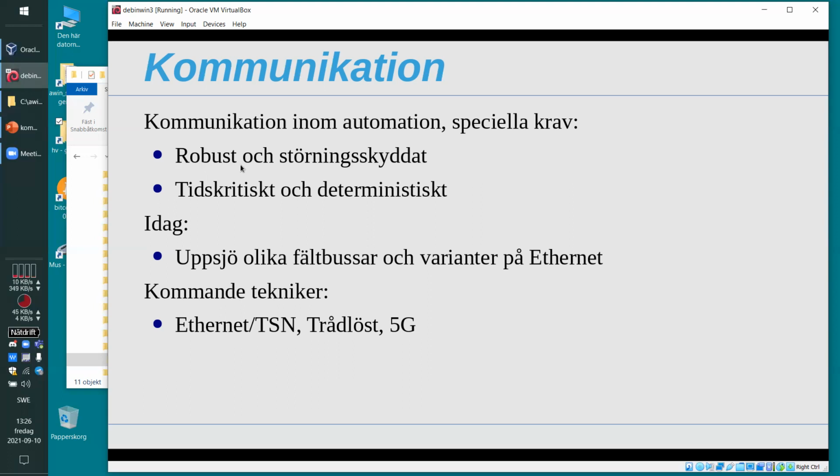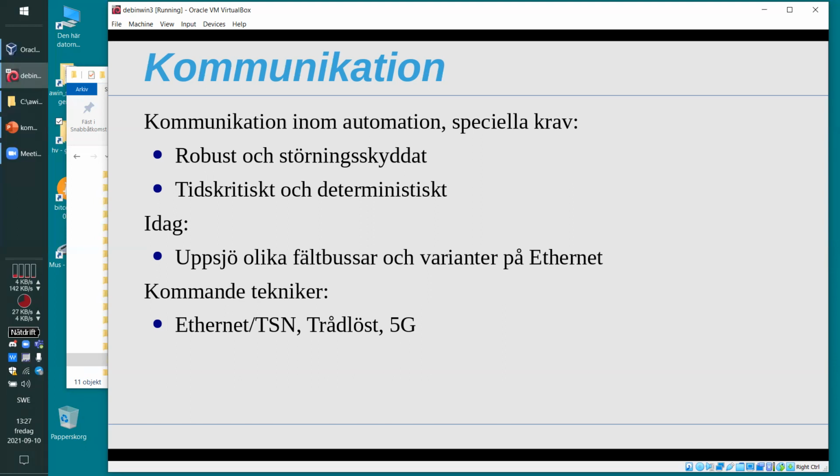But then on a more logical level, you also very often have time-critical traffic, and you need the traffic to be deterministic. When you control things like a robot, you very often have quite tight loops. So you need to be able to guarantee that a packet you sent is delivered within a certain number of milliseconds.